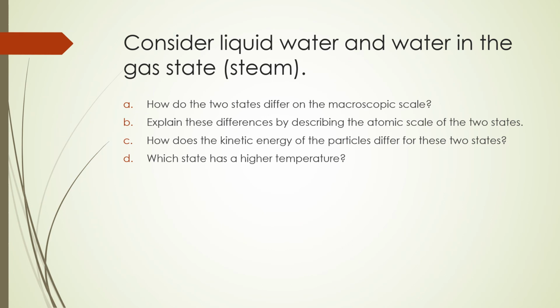Let's take a look at this problem. Consider liquid water and water in gas state, which is steam. First question: how do these two states differ on the macroscopic scale? Macroscopic scale is the scale at which we see it.